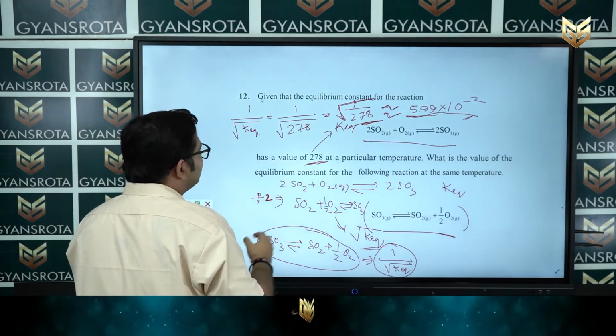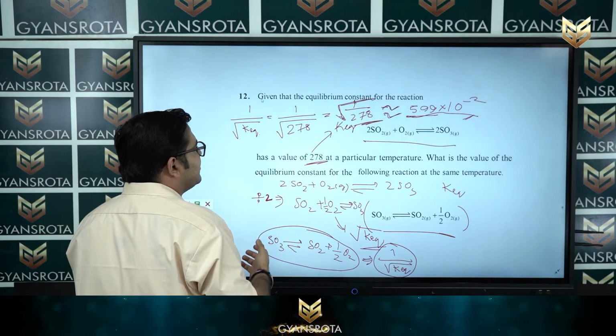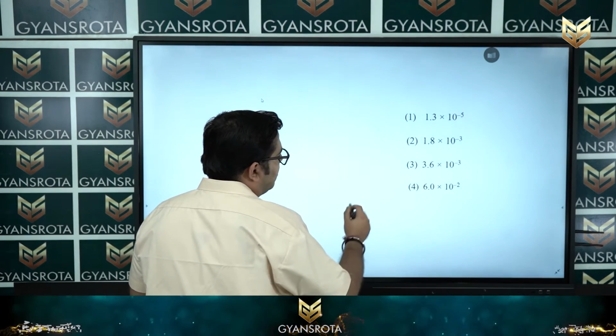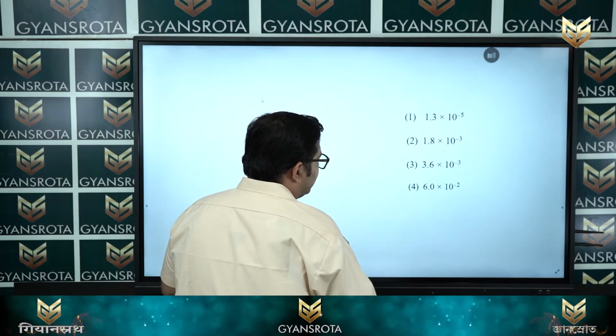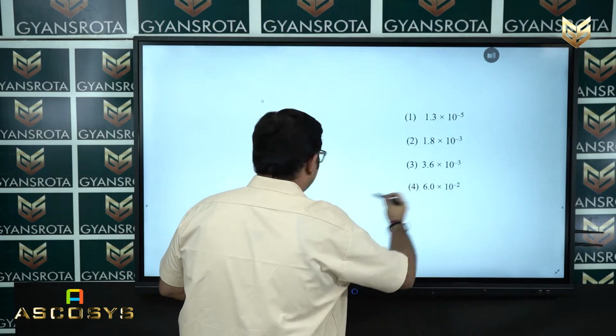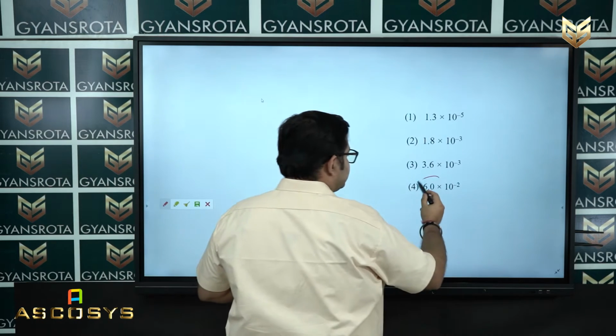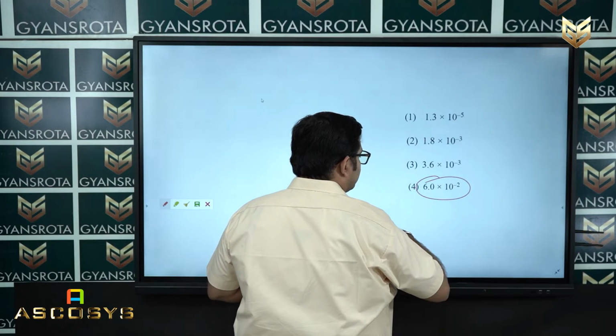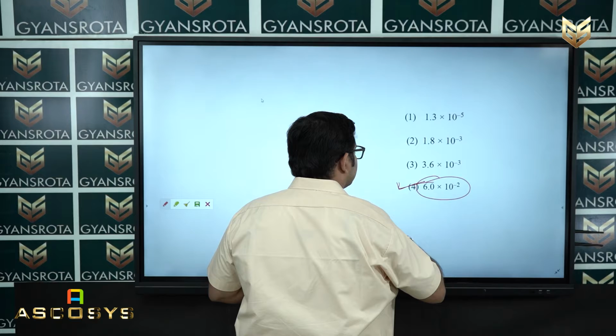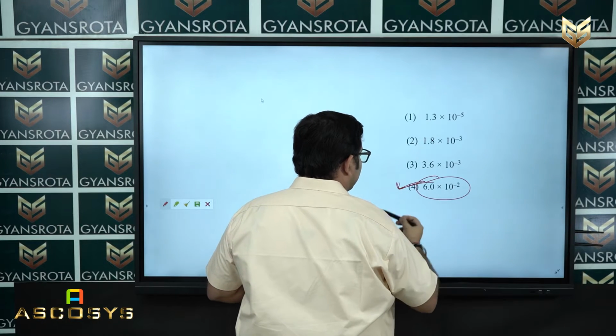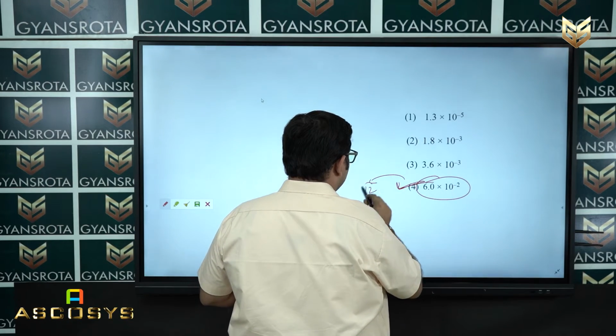Now let's see the options given. Among these 4 options, the nearest value is 6.0 into 10 to the power minus 2, which is our 4th option. So the 4th option is the correct answer to question number 12.